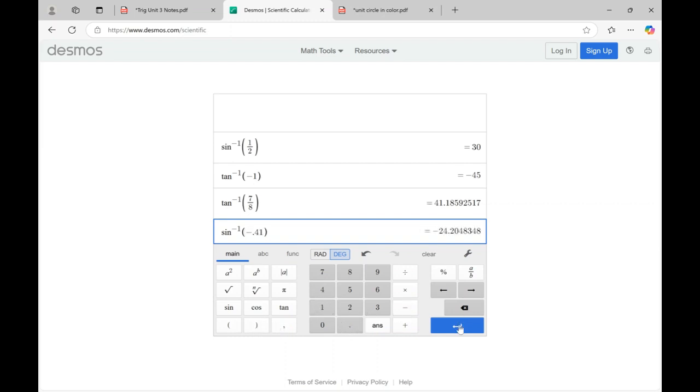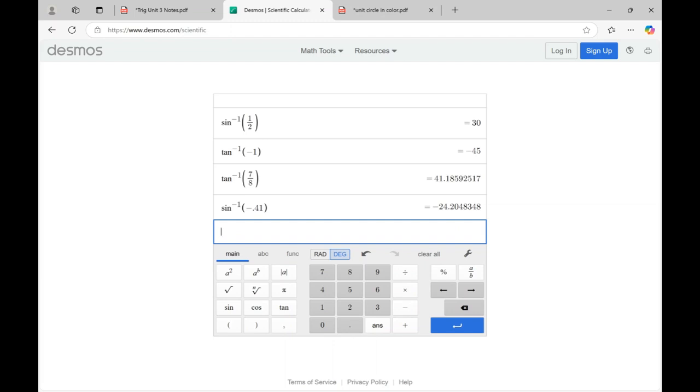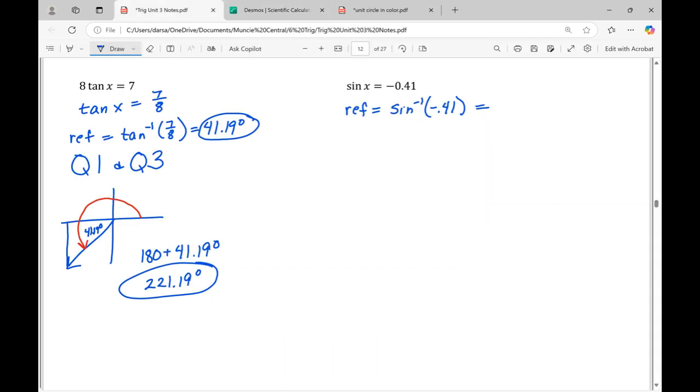And we're going to get negative 24.20 degrees. So in this case, we're going to have to take the absolute value of that, negative 24.2, and our reference angle will be 24.2 degrees.